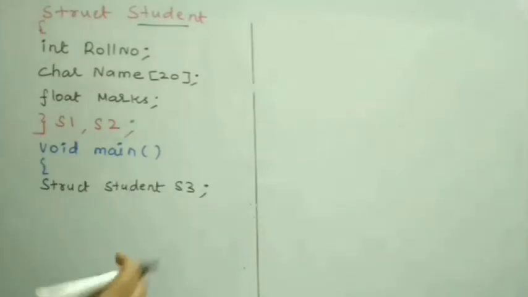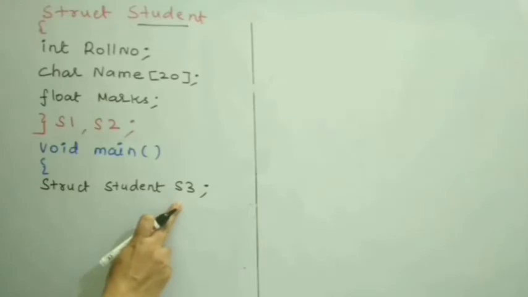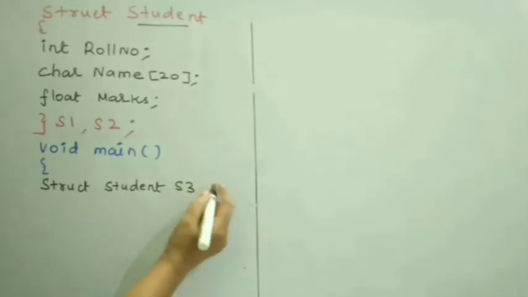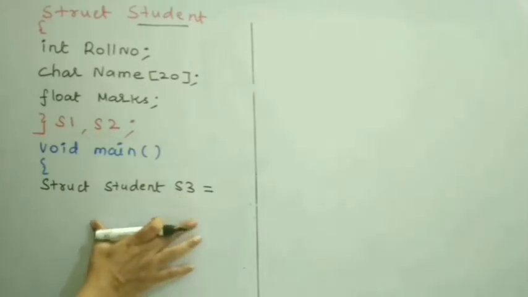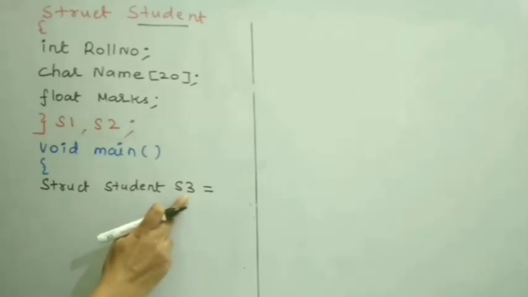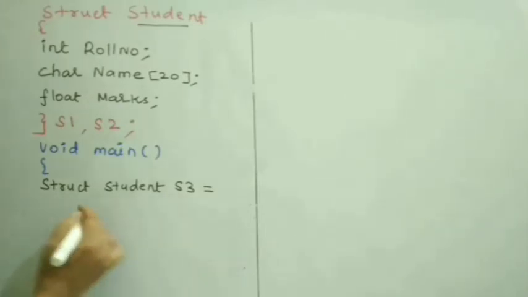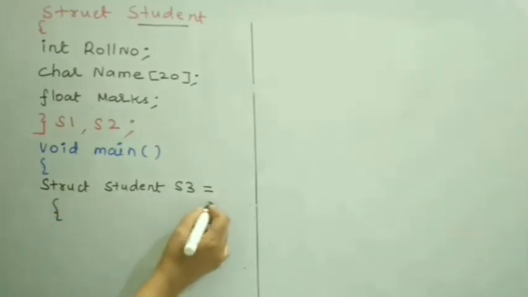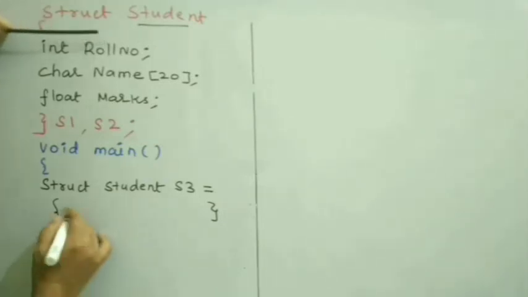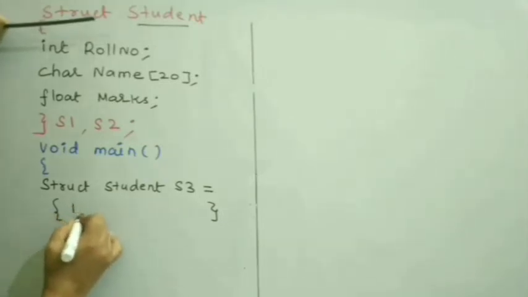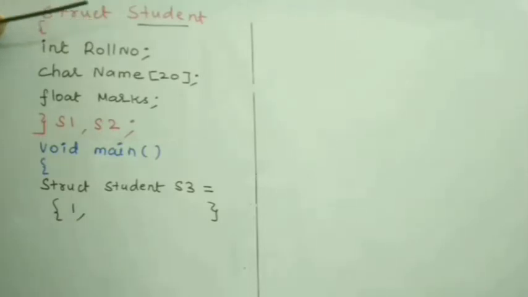If I want to initialize value for the structure variable S3, how to initialize? While declaring the structure variable, I may assign value to S3. Since a structure variable takes a set of values, values are enclosed within curly braces. First is the value for the data member roll number, an integer, so I am assigning 1.